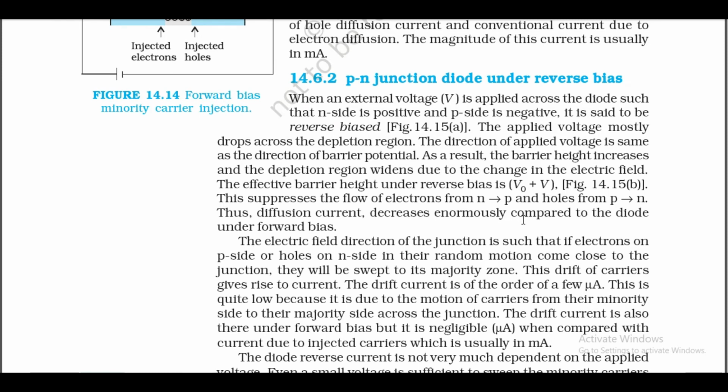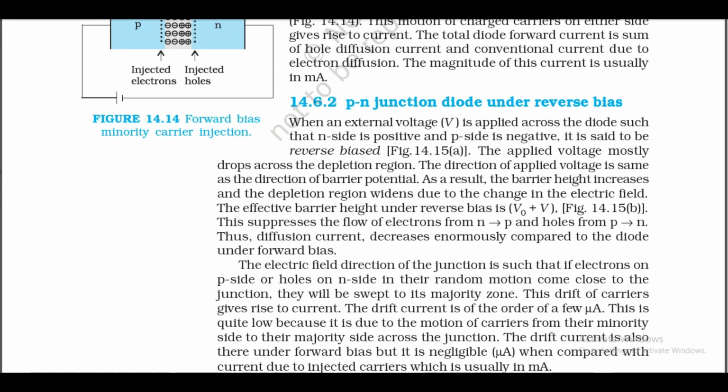14.6.2 PN junction diode under reverse bias. When an external voltage V is applied across the diode such that the N side is positive and the P side is negative, it is said to be reverse biased. The applied voltage mostly drops across the depletion region.